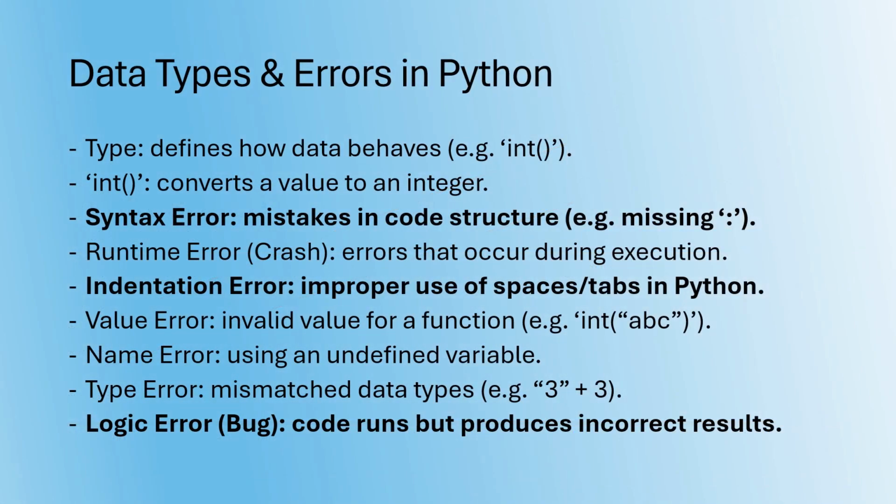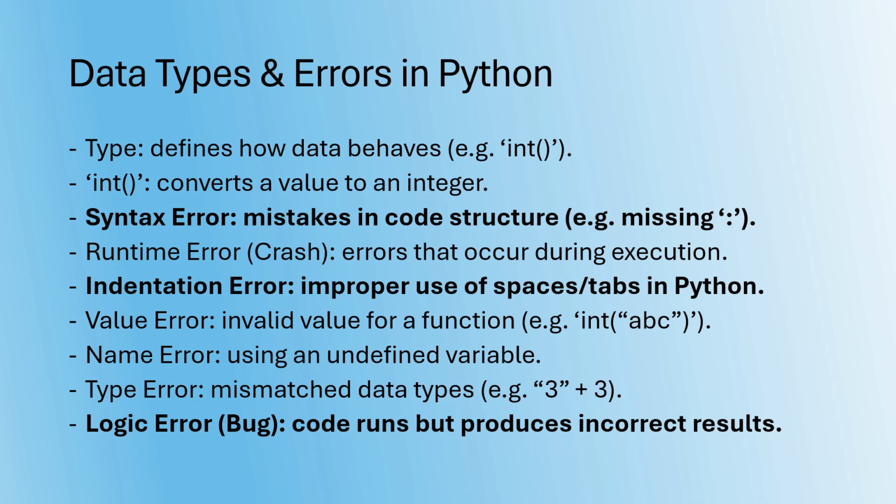Data types and errors in Python. Syntax error. It's a mistake in code structure. An example is a missing colon somewhere. Indentation errors, improper uses of spaces or tabs or things like white space in Python. And a logic error is a bug, as you'll commonly hear it, which says that code runs but produces incorrect results.